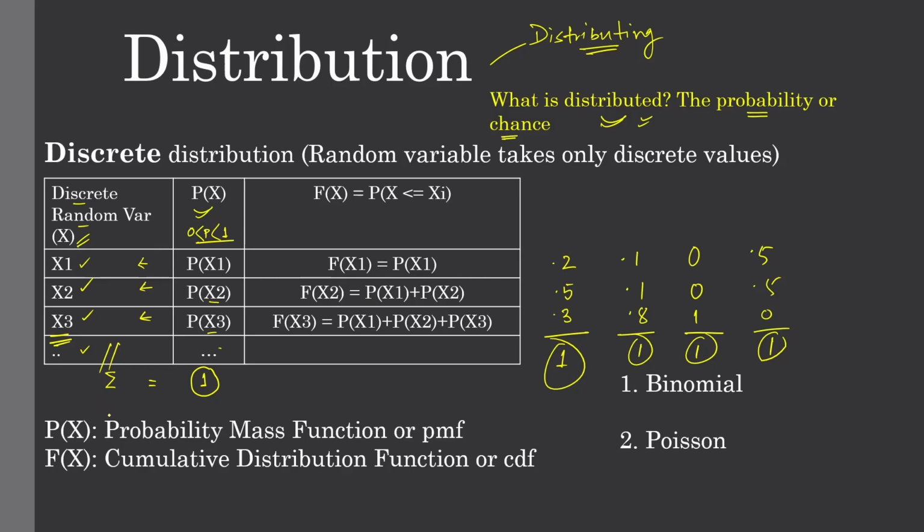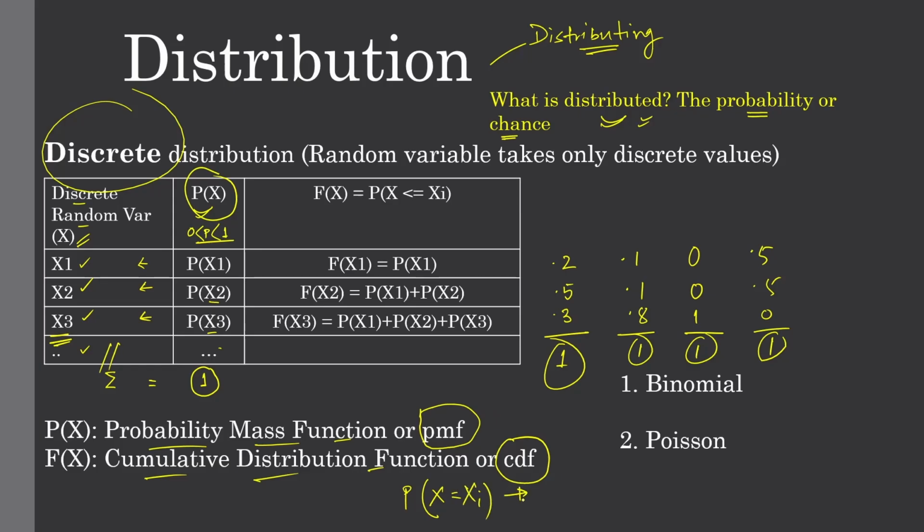And if you talk about probability, there are two kinds of probabilities. One is the probability mass function. We are all talking about discrete distribution, always remember. So probability mass function, also known as PMF, and cumulative distribution function, also known as CDF. PMF is simply the value of P(X), the probability of x taking the value of xi.